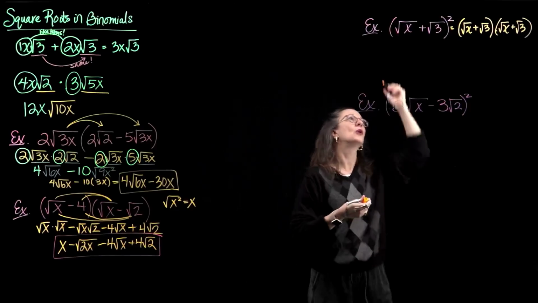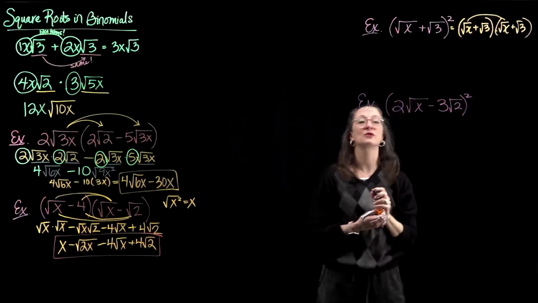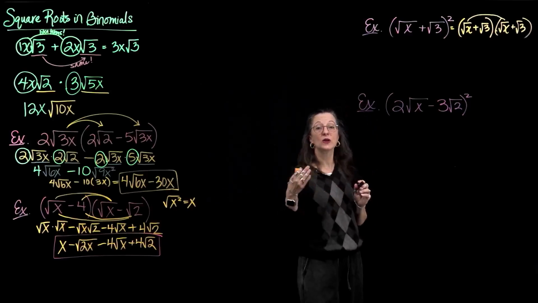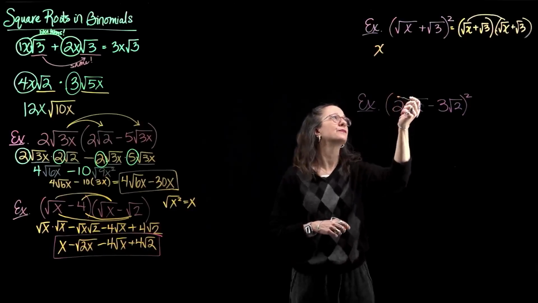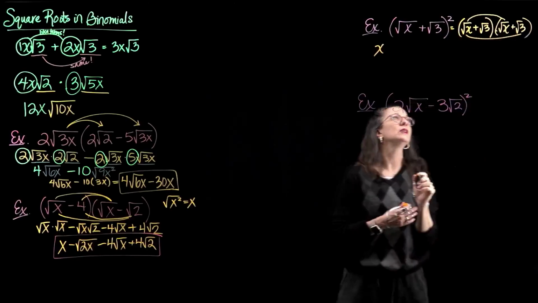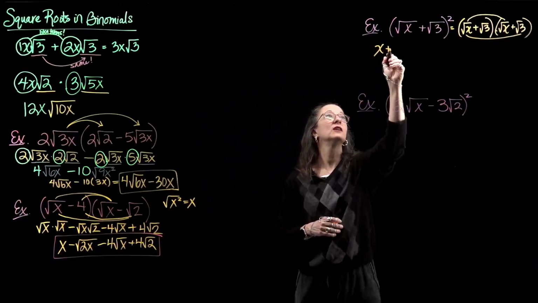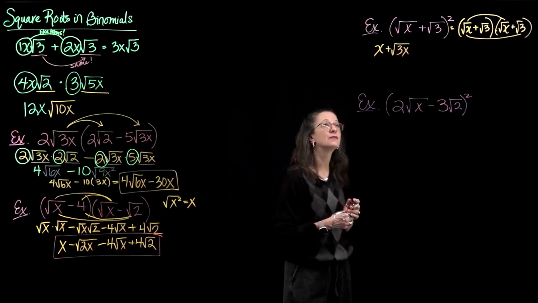All right, so FOIL, first terms, square root of x times square root of x. As we saw before, this is going to give us square root of x squared, which is just x. All right, outside, square root of x times square root of 3. This is going to give me the square root of 3x.